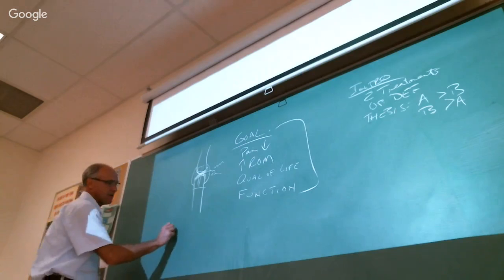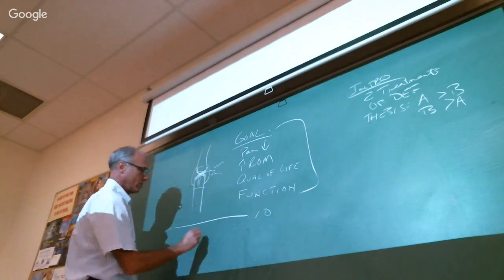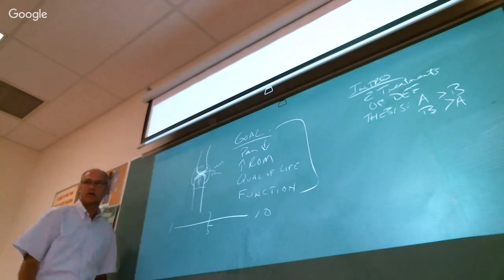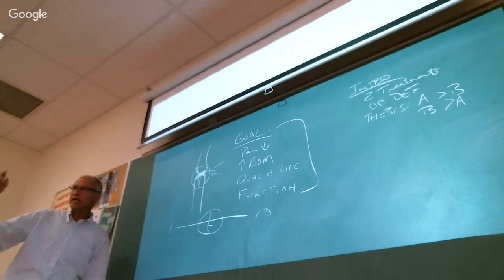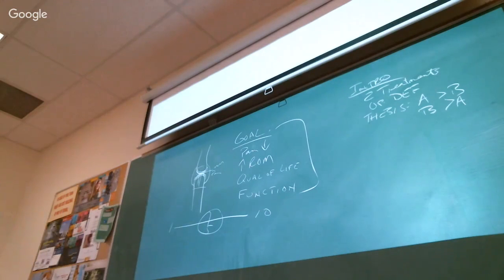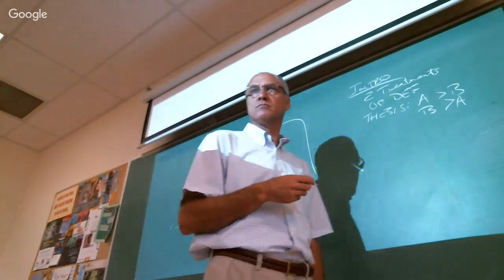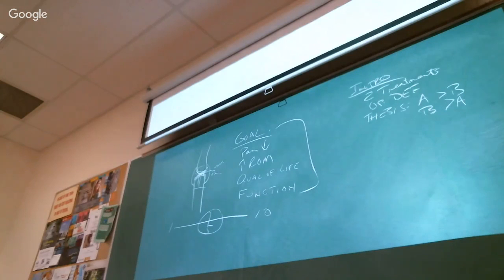Let's put the scale up here, 1 to 10. There's the midpoint. If they're in that moderate range, where do I need them to be when they finish treatment? Anybody? Where? 2 to 3?